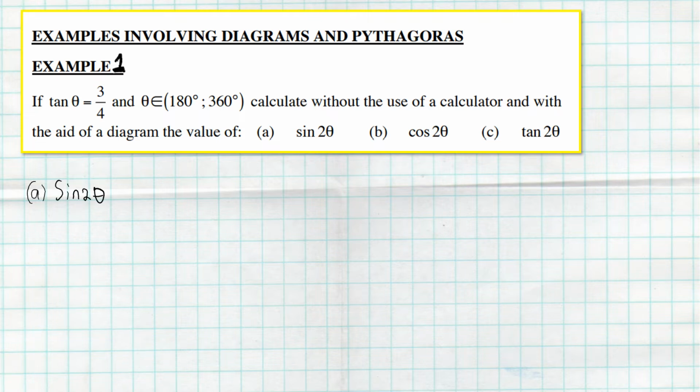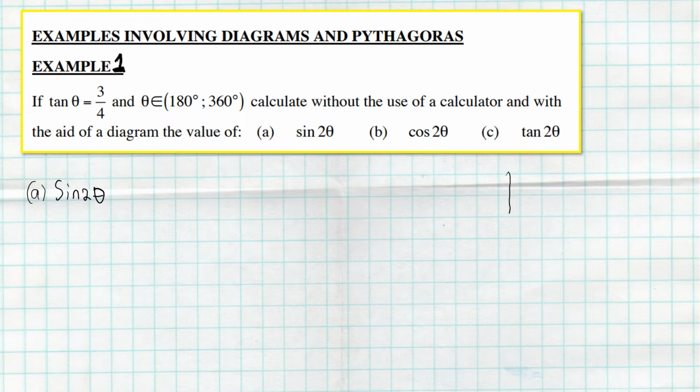So before calculating, what you have to do always is sketch a Cartesian plane, and you definitely have to sketch a triangle that will assist you in getting the values of these other trig ratios, right?